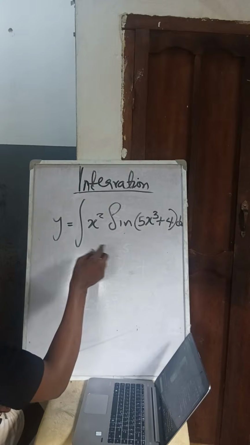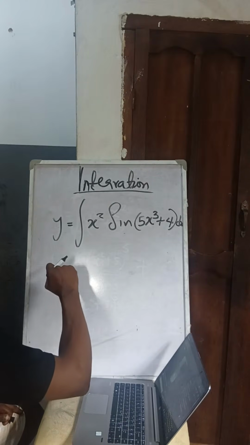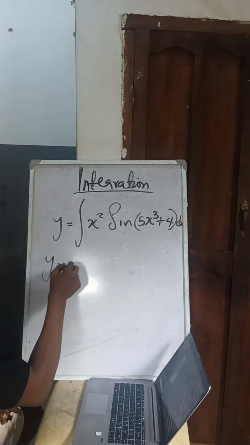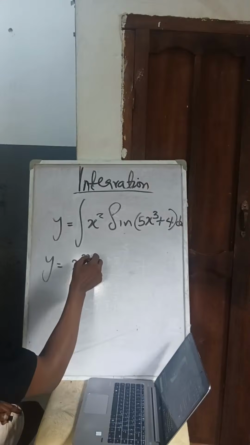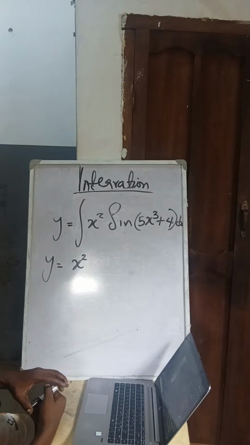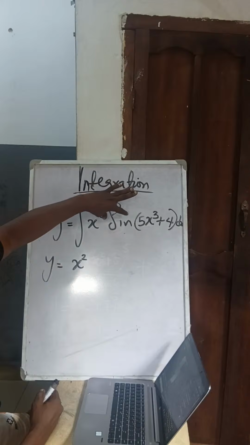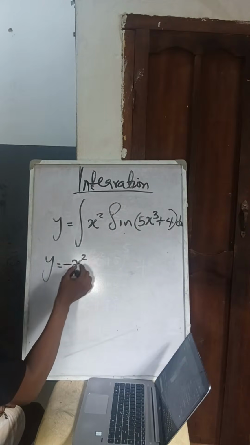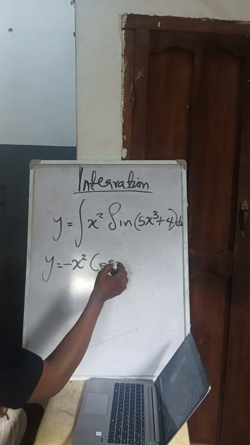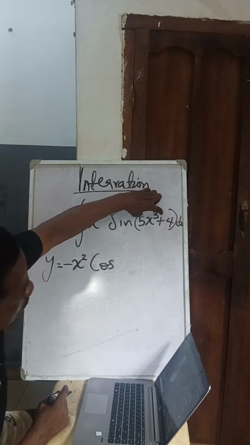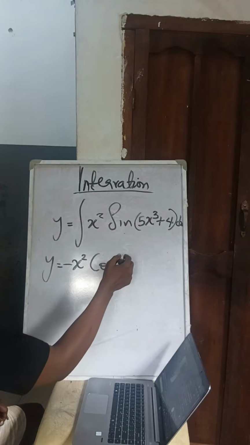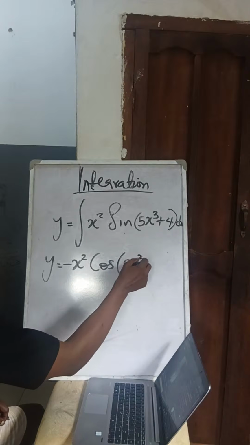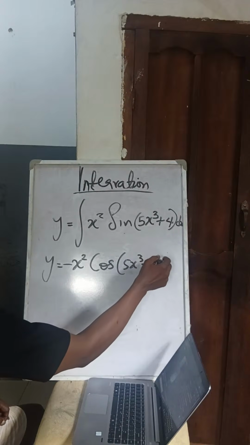All right, so let's see how we can integrate this. x squared, okay? Now, if you integrate sine x, you will get minus cos x. If you differentiate 5x cubed, you will get 15x squared.